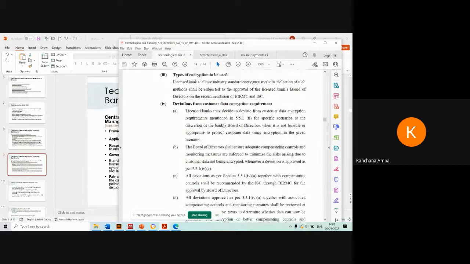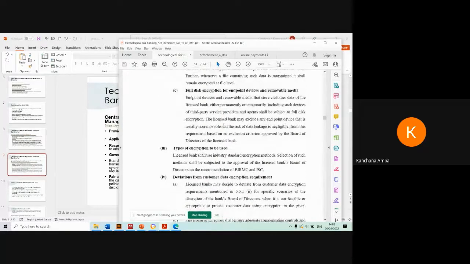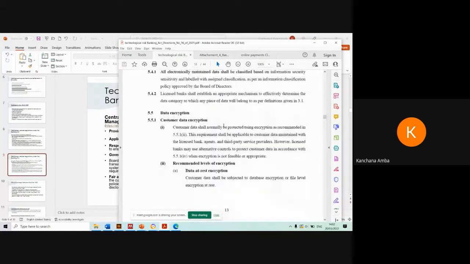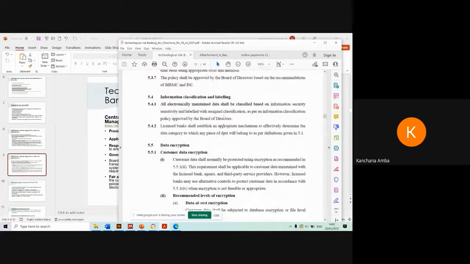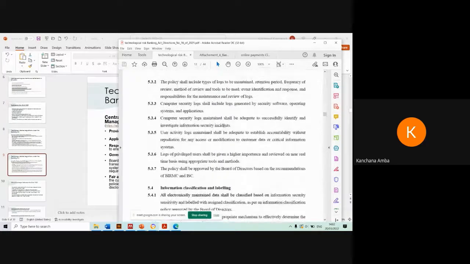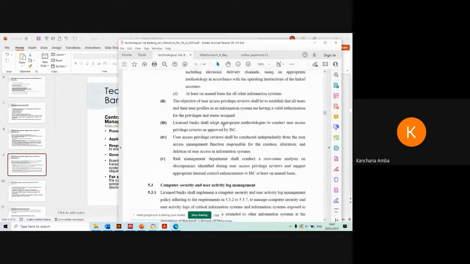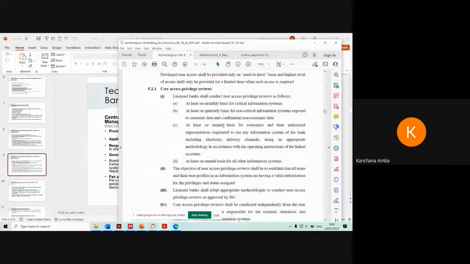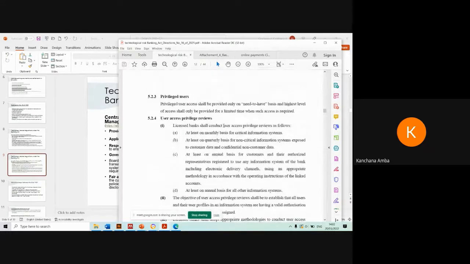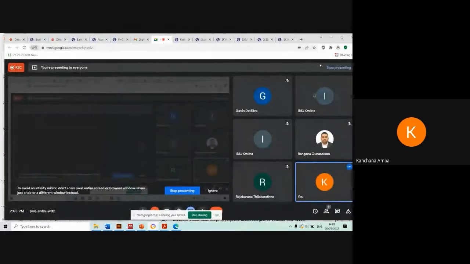So a lot on customer data encryption and protection of customer data, right? Why do we need to specify this? Now, y'all are bank customers as well. So why do you think it needs to be protected specifically?